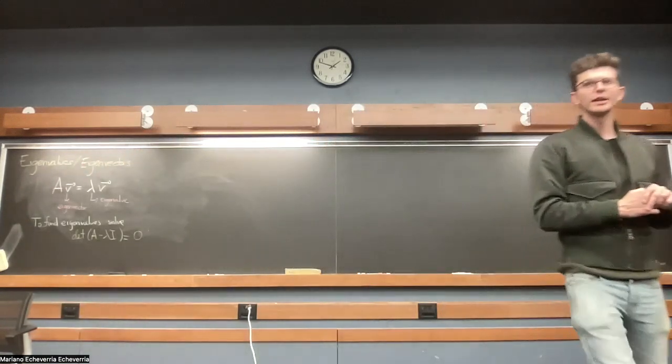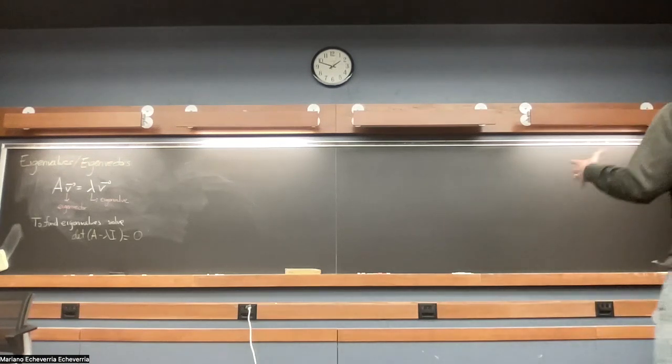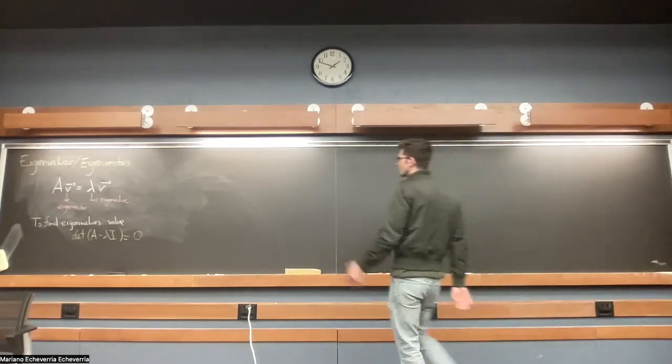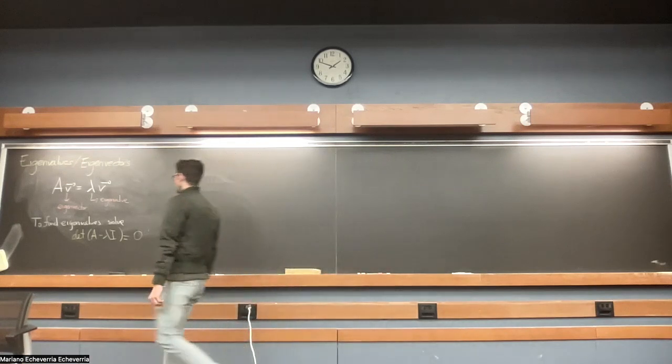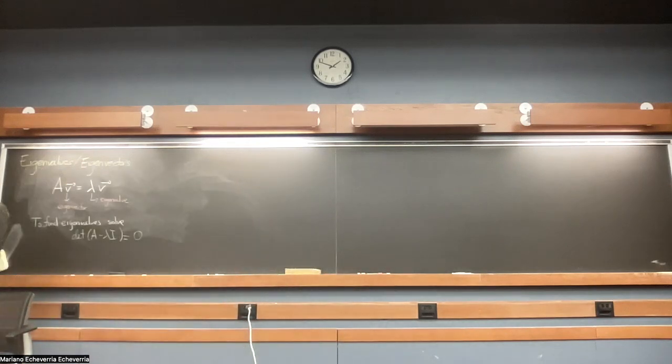Is that okay? So that is a polynomial. For a given matrix, if you work this determinant out, this will give you some polynomial in the variable lambda, and then solving this equation is the same as finding the roots of the polynomial.